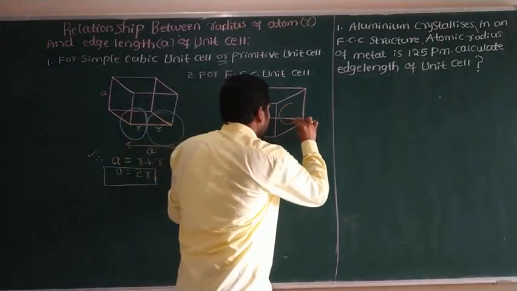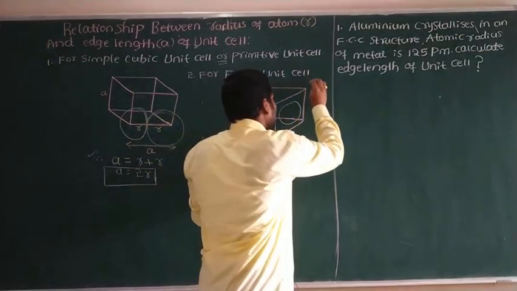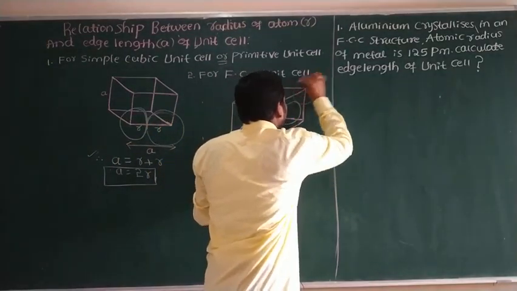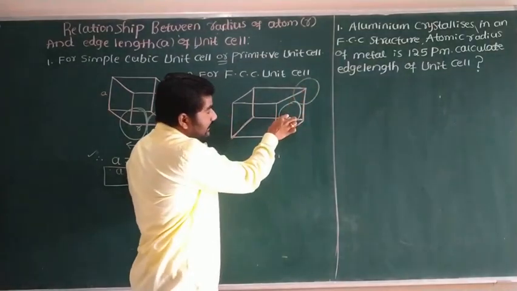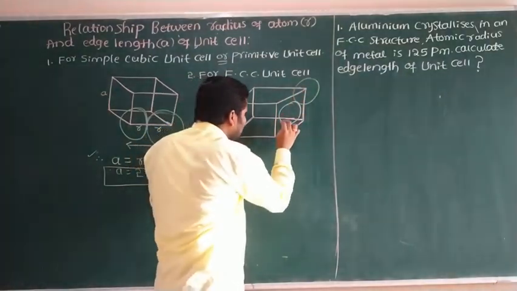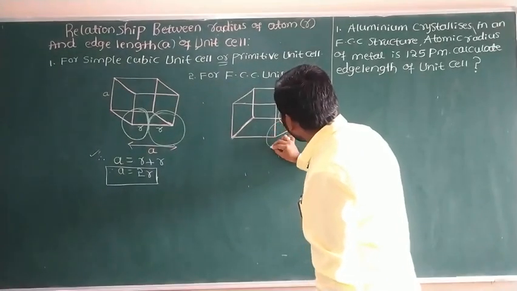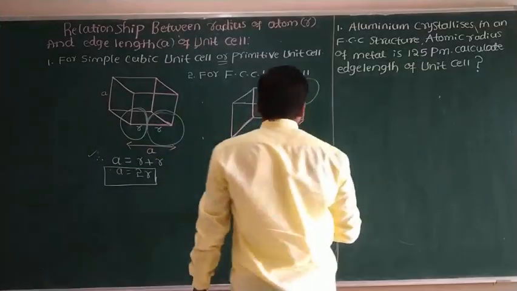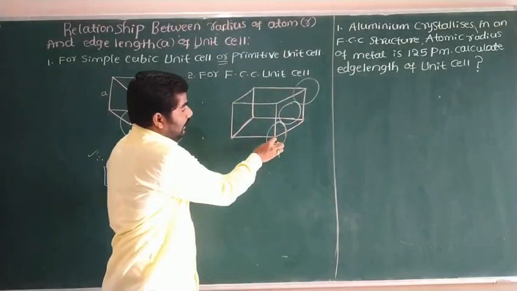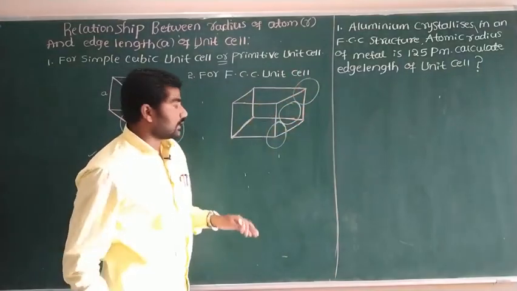The constituent particle is present at the center of this face, and the constituent particles are also present at all 8 corners. This is a corner particle, this is the face center particle, and here is one more corner particle. Clear? So this is a corner particle, this is the face center particle, and this is also a corner particle.